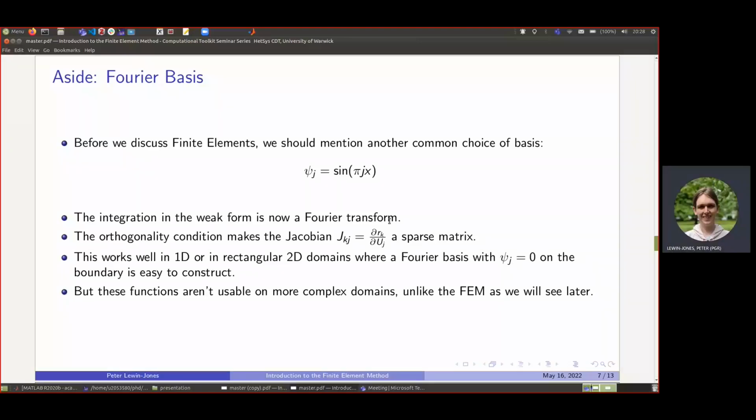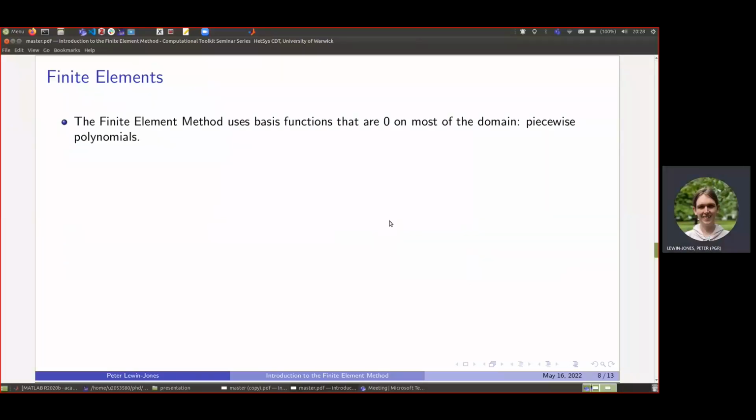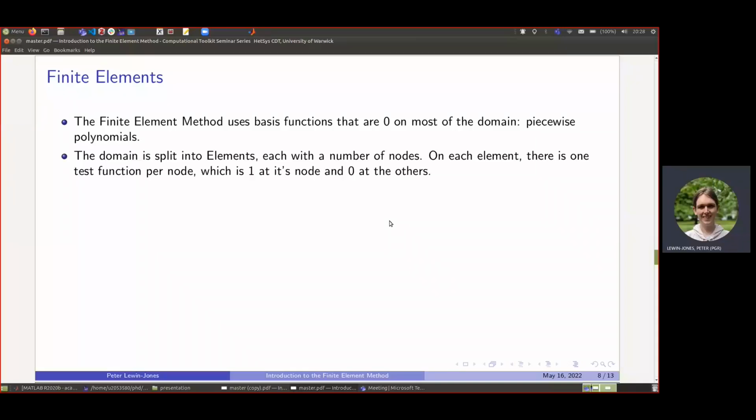However, the finite element method does work on any reasonable domain. And that's one of its key advantages, as we'll see later. So what is the finite element method? Well, unlike a Fourier basis, which can use basis functions that are nonzero on most of the domain, as I mentioned earlier, what we're in fact going to use is piecewise polynomials.